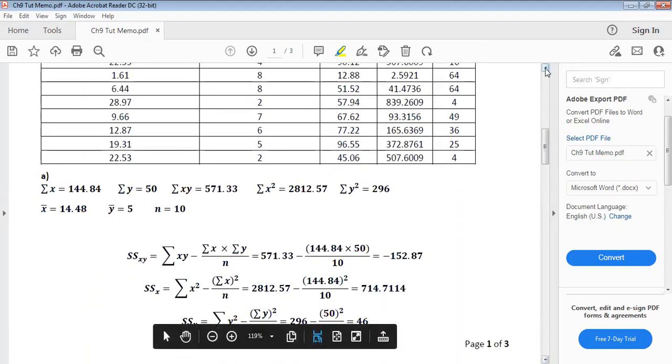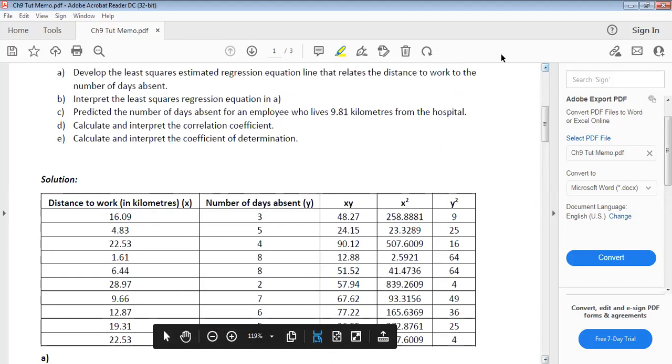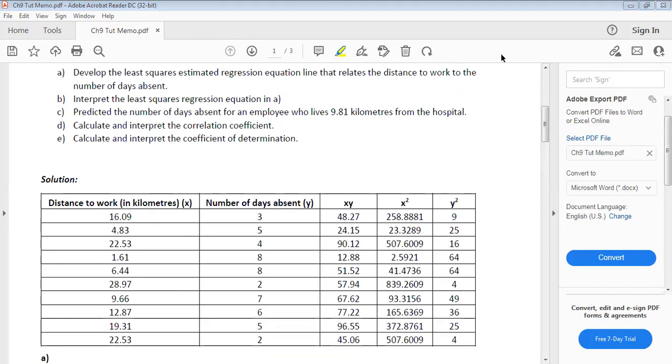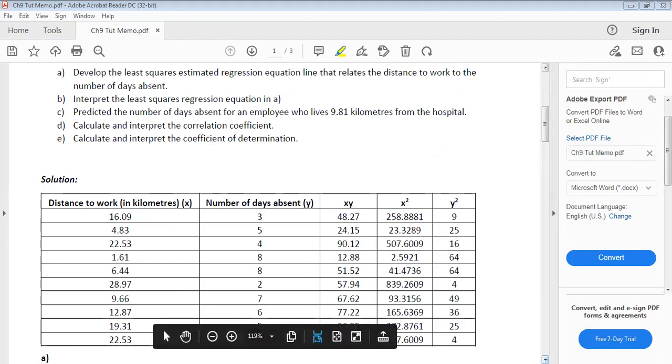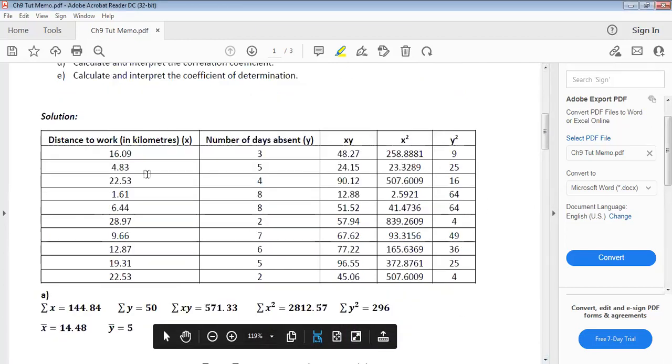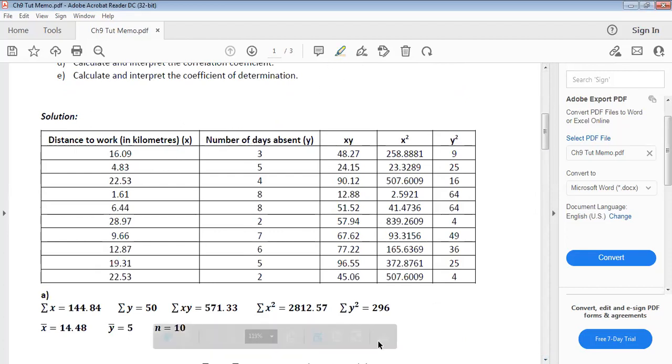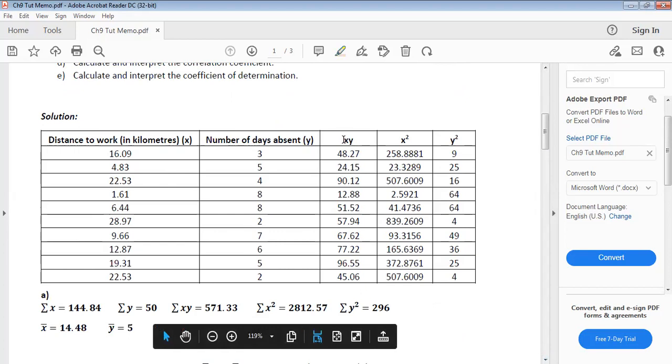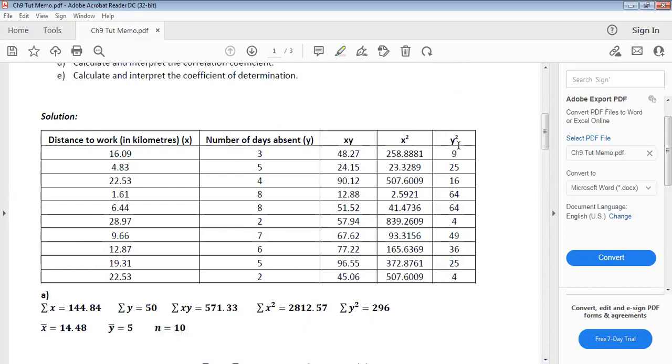Okay, so first of all, before you do anything, you have to find the values. You are only given the values for X and the values for Y. You need to find XY, X squared and Y squared.